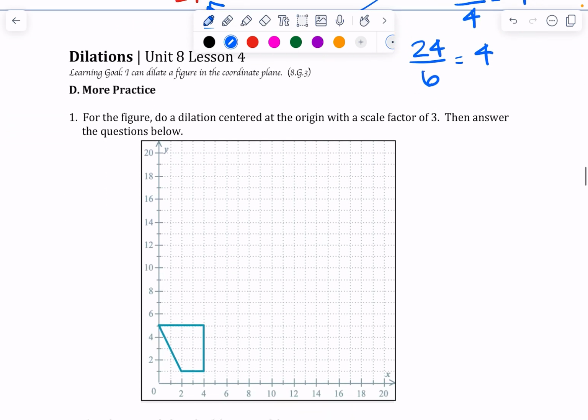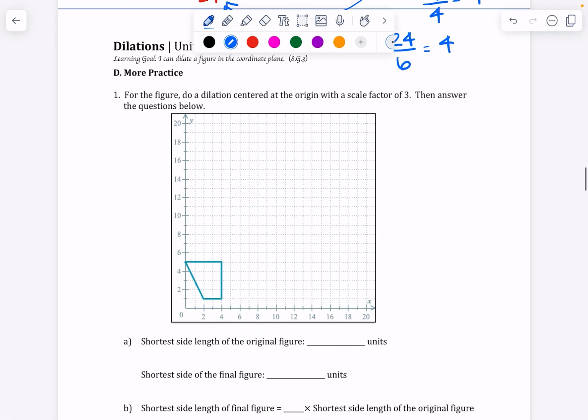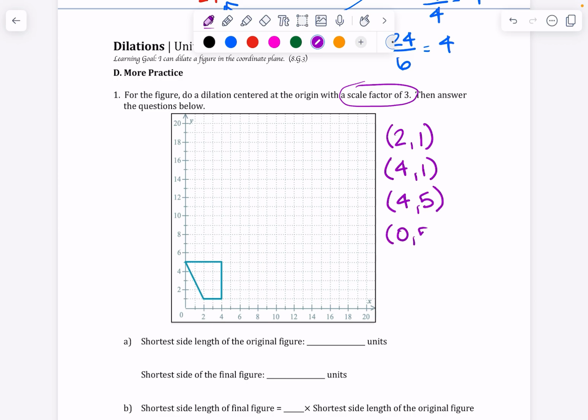Okay, go ahead and turn to the next page, and we're going to look at some questions that you're going to see that are similar on your homework. This one says, for the figure, do a dilation centered at the origin with a scale factor of 3. So I'm going to start by writing down the ordered pairs for the original shape. We got (2, 1), (4, 1), (4, 5), and (0, 5).